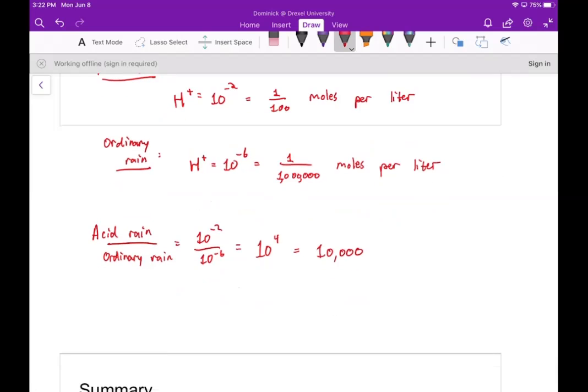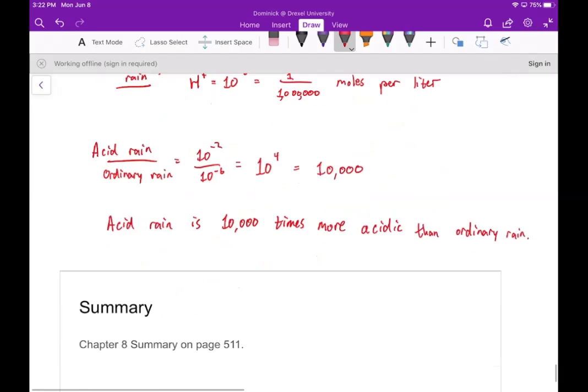So this is going to allow us to say that acid rain is 10,000 times more acidic than ordinary rain. So that's that example.